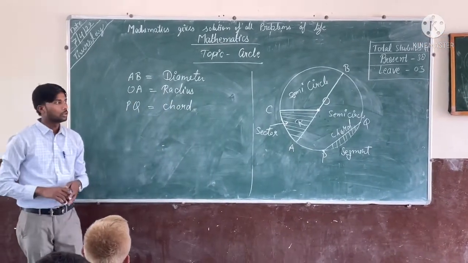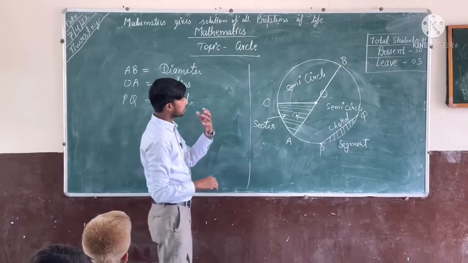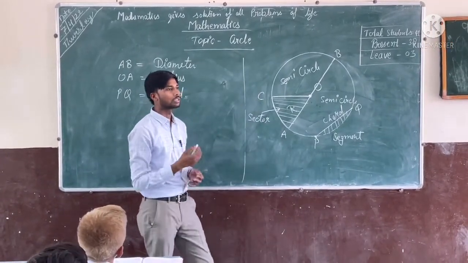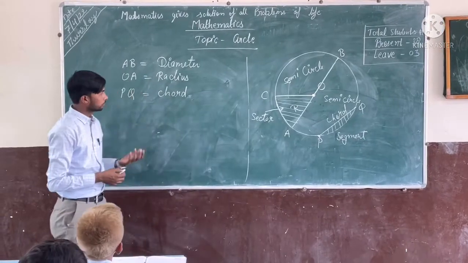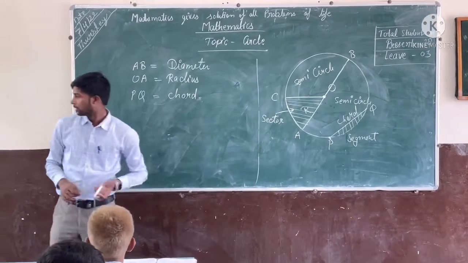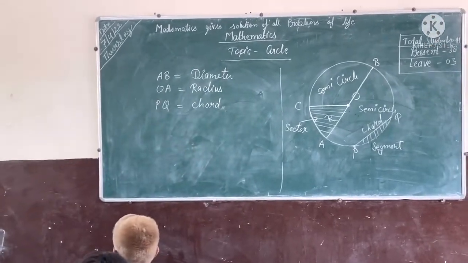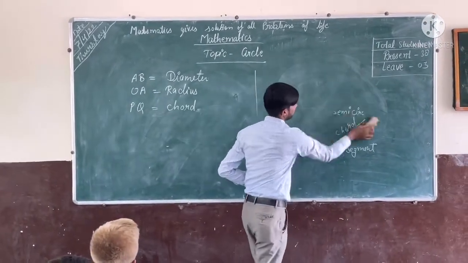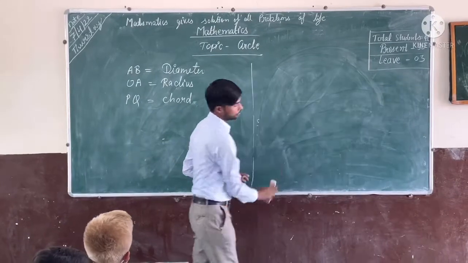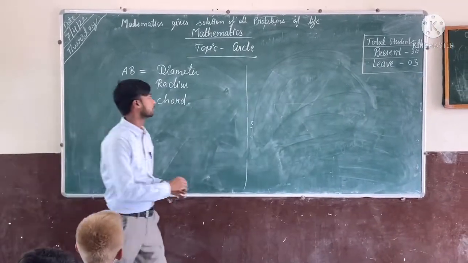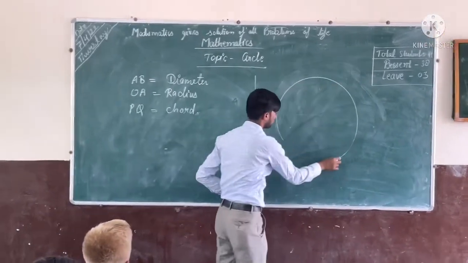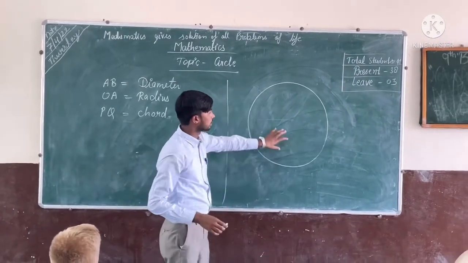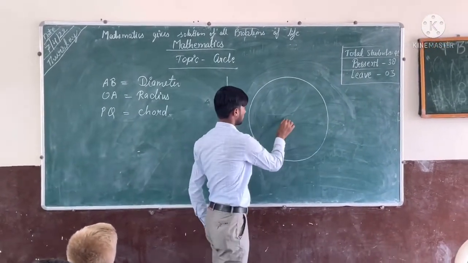Now coming to the line that is touching the circle, passing through the circle, or not touching the circle. How do we explain these conditions? There are three cases. If we draw another circle, this is again a circle and this one is the center.